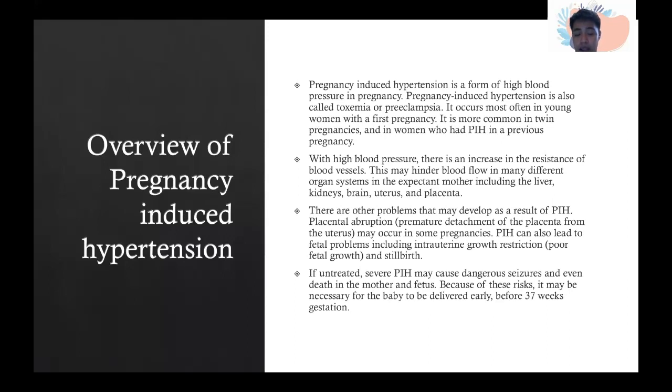Next, if PIH is untreated, severe PIH may cause dangerous seizures and even death in the mother and fetus. Because of this risk, it may be necessary for the baby to be delivered early before 37 weeks gestation.